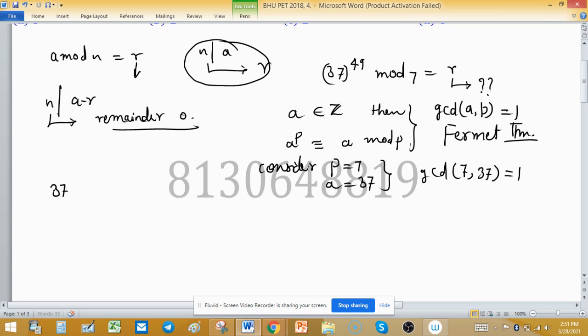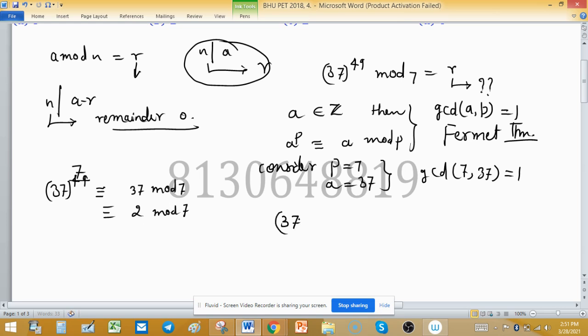So 37 raised to the power 7 is congruent to 37 mod 7. Divide this one. What is the remainder? 7 times 5 is 35, so 2 mod 7.